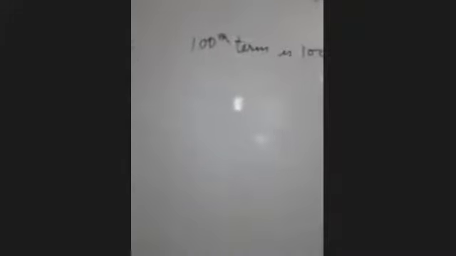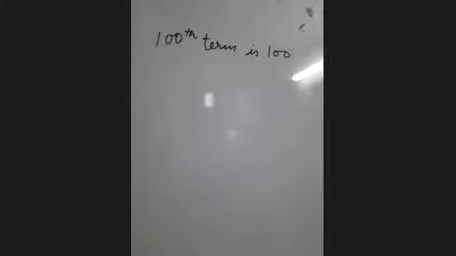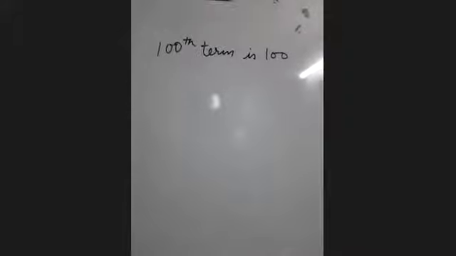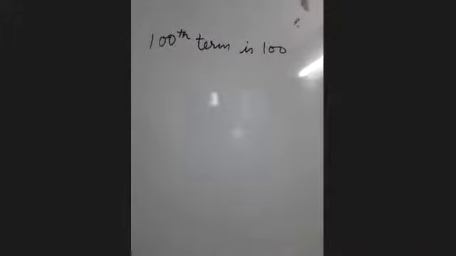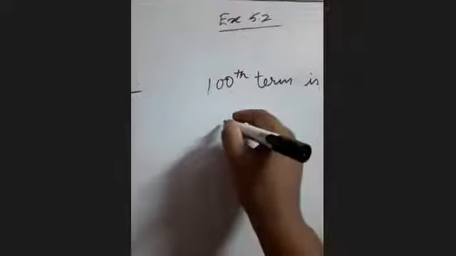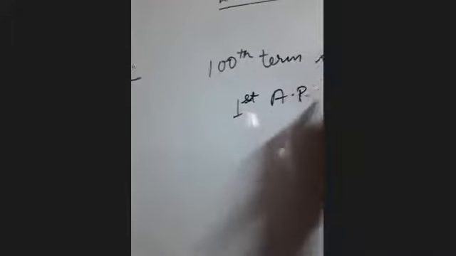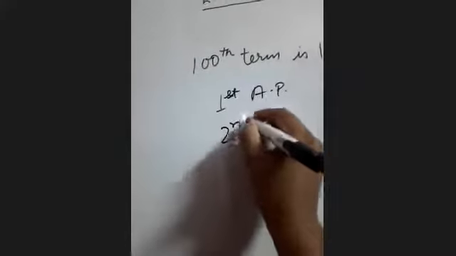Okay. So now I'm coming back to the question. Question number 12 says there are two APs, the difference of their 100th terms is 100, and we need to find the difference of their 1000th terms. Suppose we take the first AP and the other one will be the second AP.